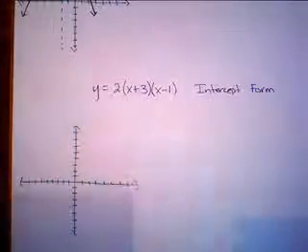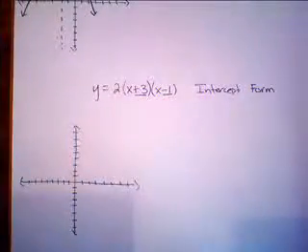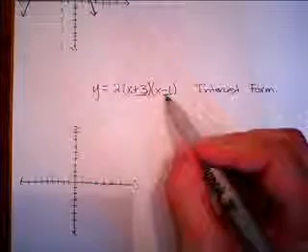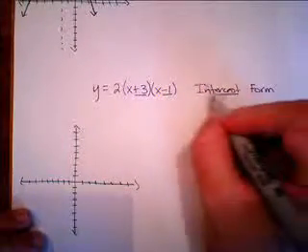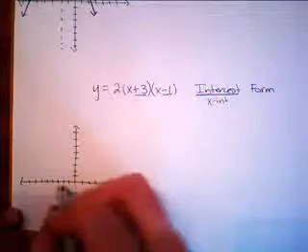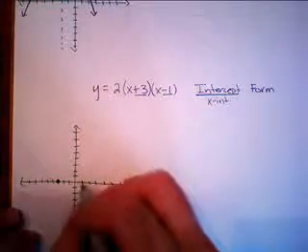Similar to the last problem, you're going to take the opposite of these two numbers. Opposite of 3 is negative 3, opposite of negative 1 is positive 1, and the reason it's called intercept form is because we're going to plot those on the x-axis as the x-intercepts. So at negative 3 we're plotting a point, and at positive 1 we're plotting a point.